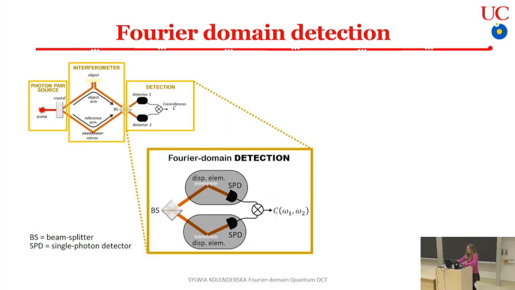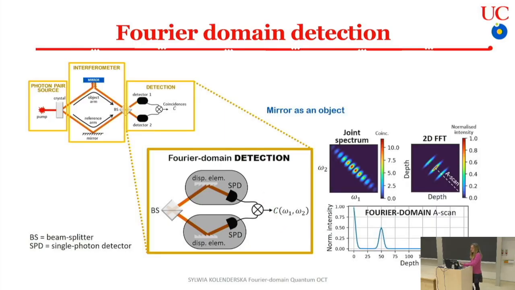As a result, we obtain a joint spectrum, which can be recalculated to an A-scan using two-dimensional Fourier transformation. Then you don't need to displace the reference mirror; its position is fixed.